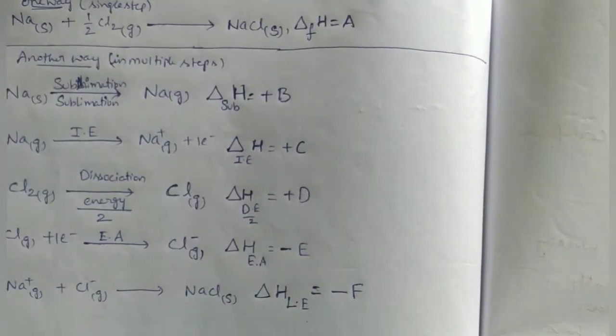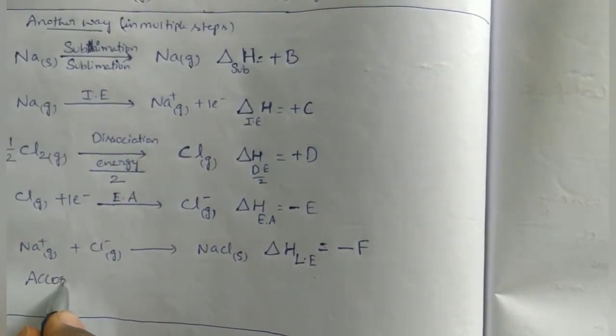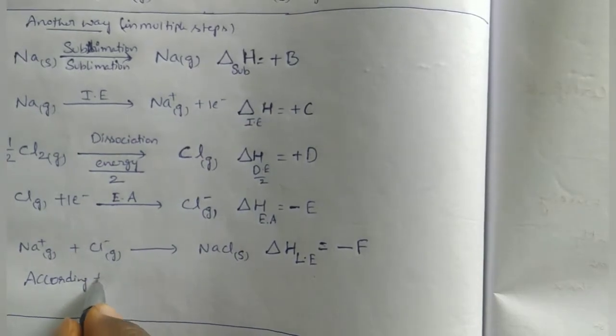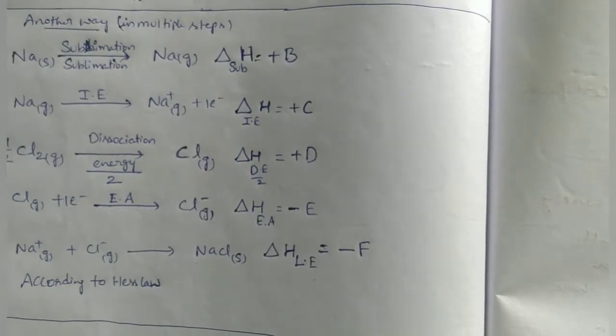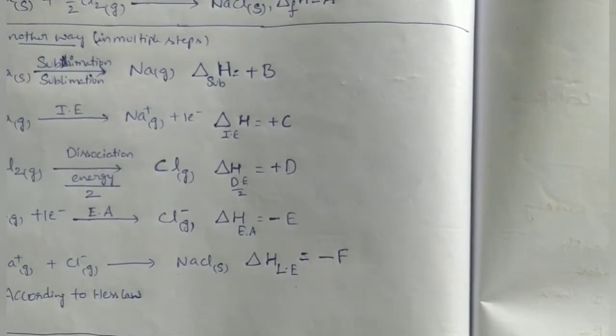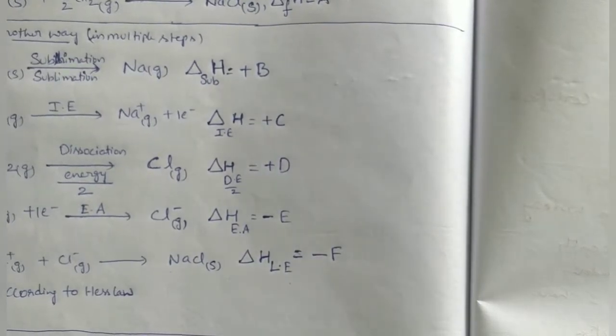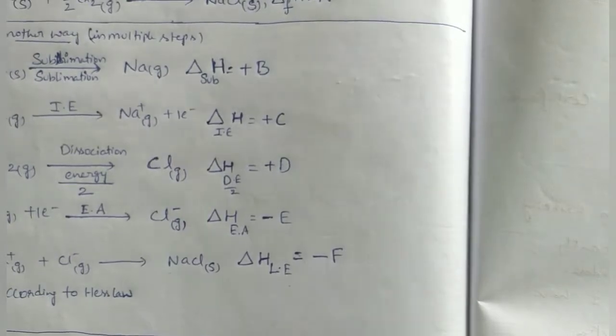Now according to Hess law, energy involved in single step is equal to energy involved in multiple steps. According to Hess law, energy involved in single step is equal to energy involved in multiple steps.